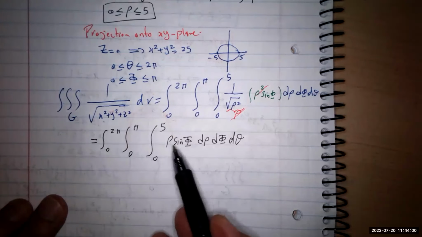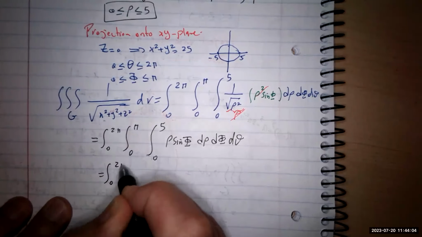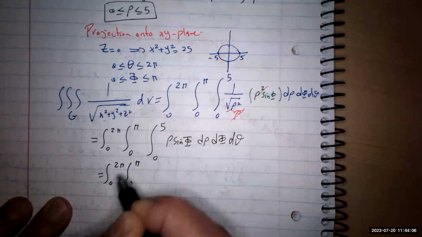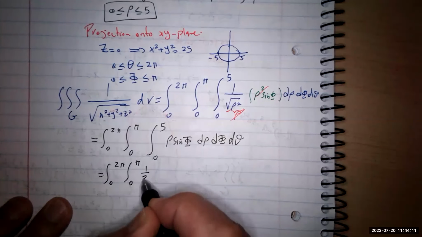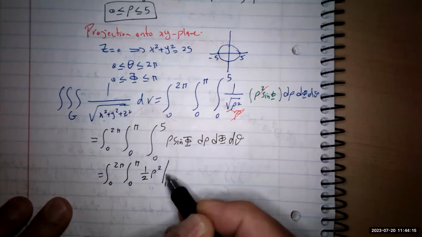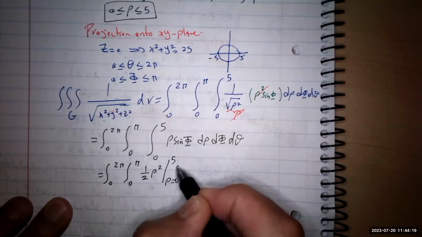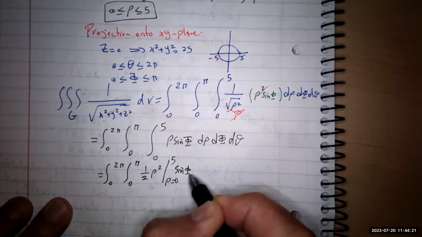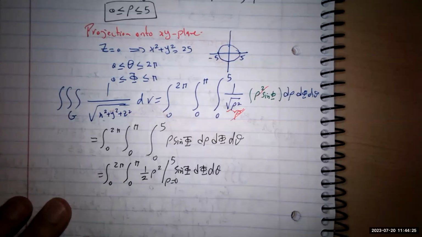Integrating with respect to rho, it's going to be one half of rho squared, with rho going from 0 to 5. When we're done, multiply by the sine of phi, and then take d phi, d theta.